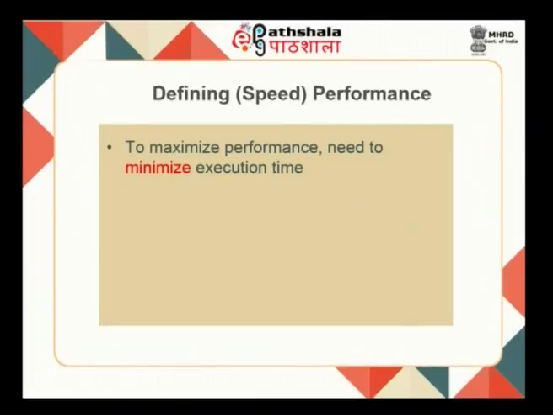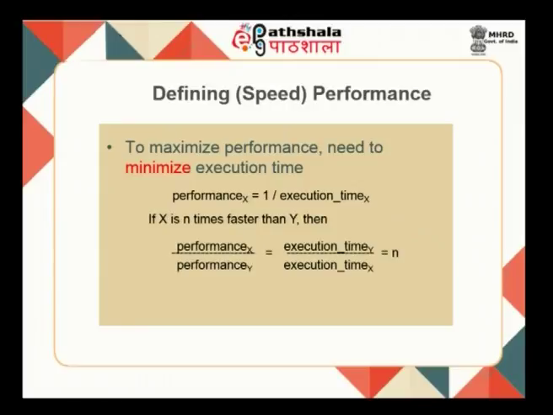Now, to maximize performance, we obviously need to minimize our execution time. So, performance is inversely related to execution time: performance x is equal to 1 by execution time x. When I say processor x is n times faster than y, the performance ratio, performance x by performance y, is equal to execution time y by execution time x, which is equal to n.